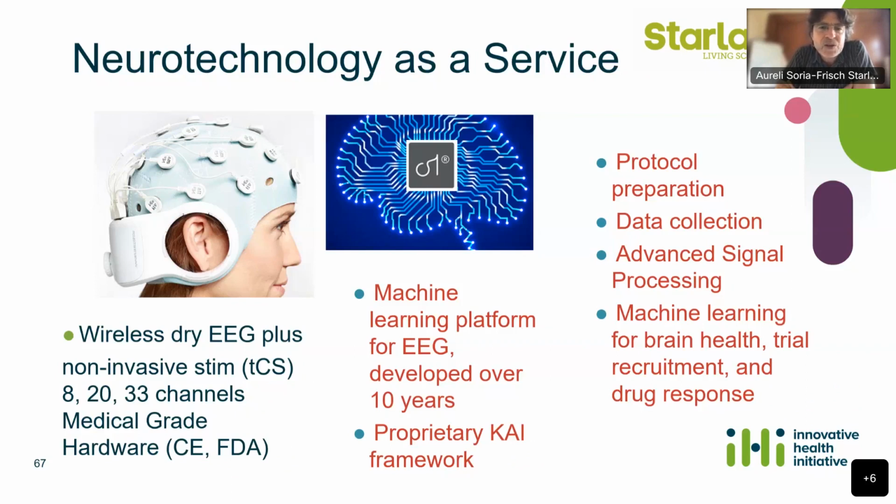Neurotechnology as a service not only includes the hardware and the machine learning platform, but also facilitates the preparation of suitable protocols, as well as the whole process of data collection, which can be done in a very easy way. Next slide.